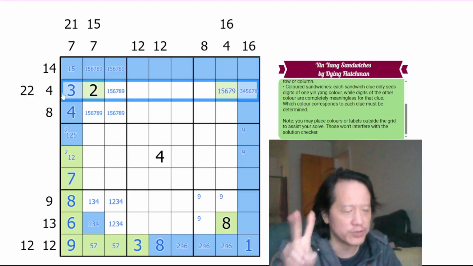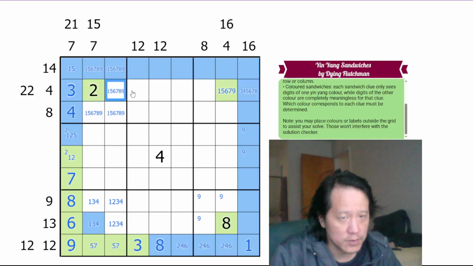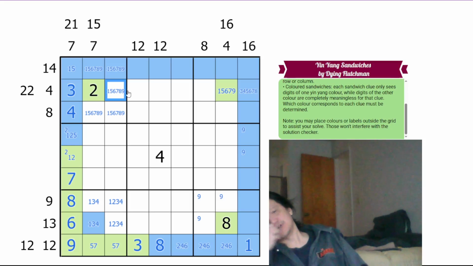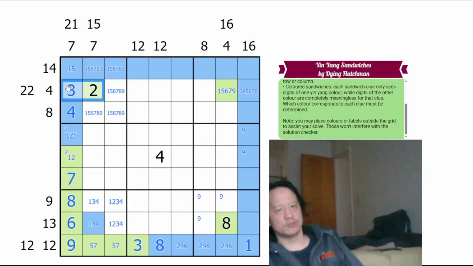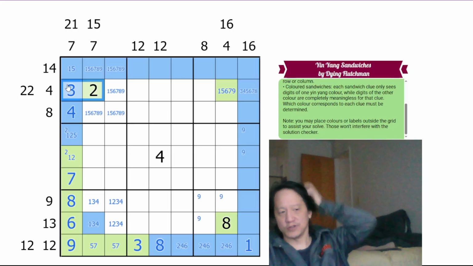Also, 2 is going to have to be, because... Does 2 have to be? No, you could have 3. 3 could be the other one. So one of these two would be the low digit.